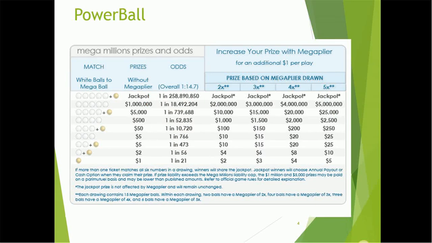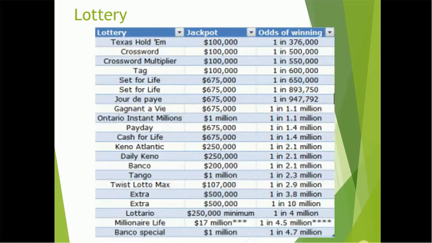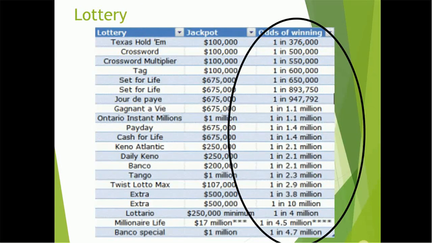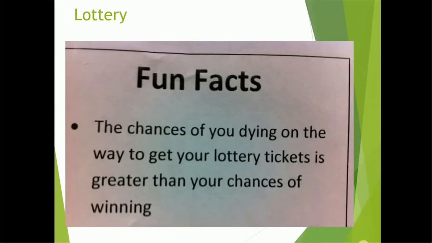For instance, in the Powerball, what are the odds of matching the Powerball along with a certain number of values? Here's another example of the odds, or the probability, of winning. What we need to do is figure out how many different desired outcomes there are and how many different possible outcomes there are.